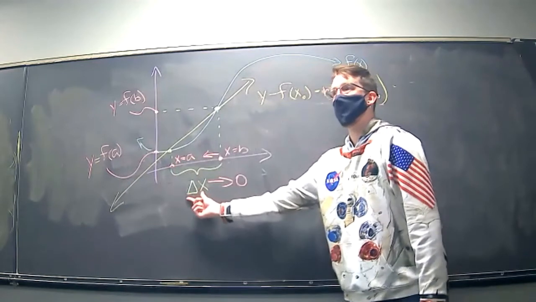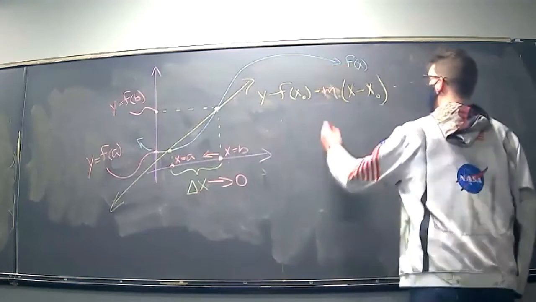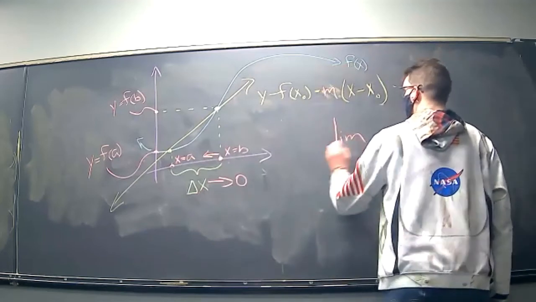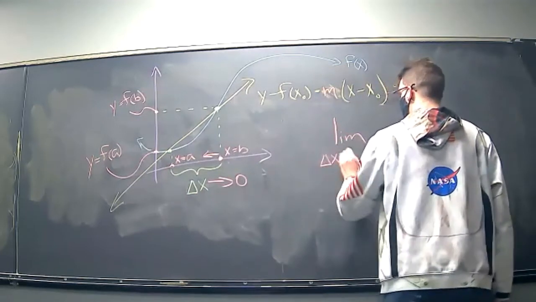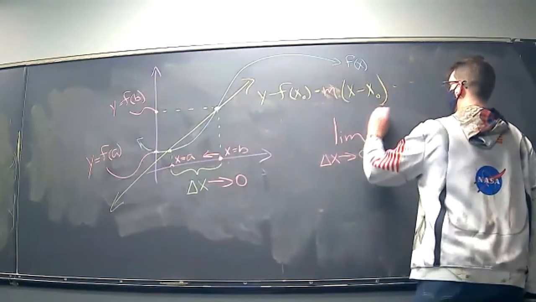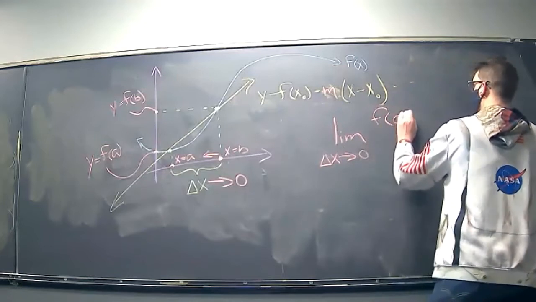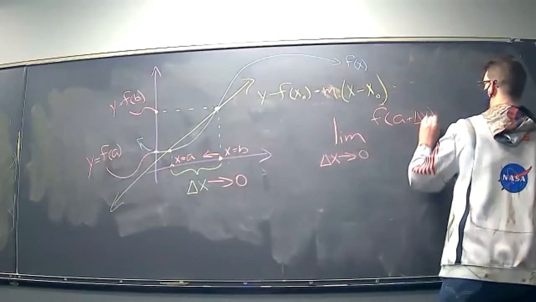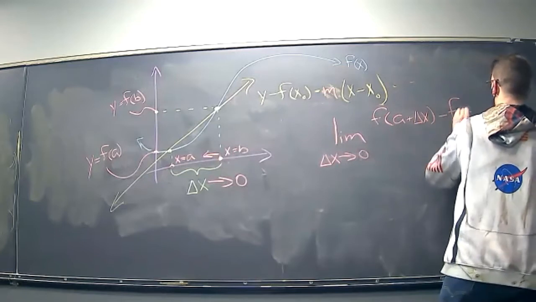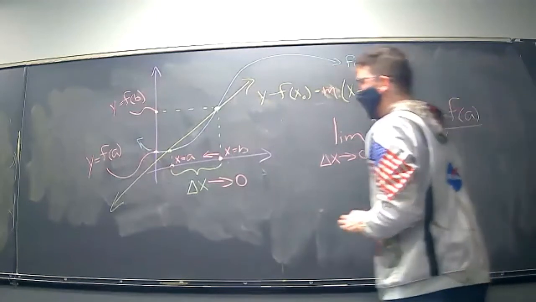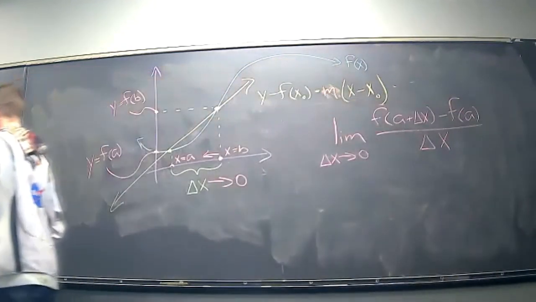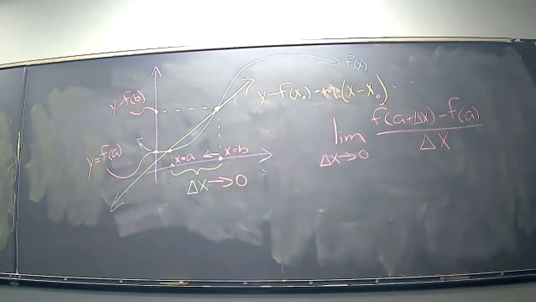This looks like a limit, right? When we let delta x approach 0, what happens to our secant line?